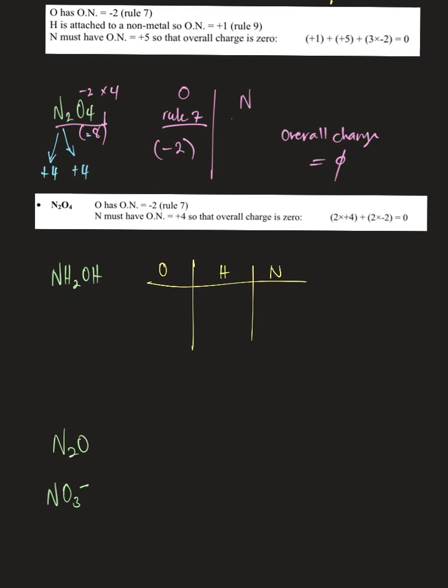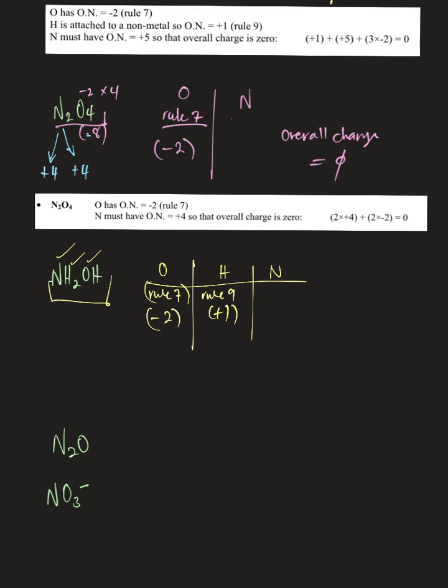I have a rule for hydrogen, which is rule 9, that it's +1 if it's bonded to any non-metals. Nitrogen's a non-metal, hydrogen's a non-metal, oxygen's a non-metal. Great. I've got a rule for the oxygen, rule 7. So rule 7 trumps. So in this situation, my oxygen must have a charge of -2.